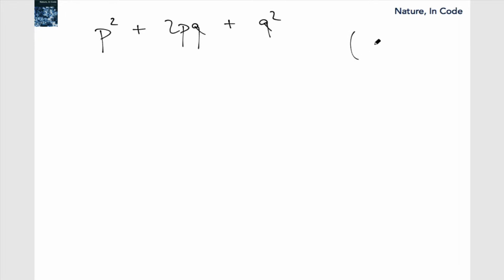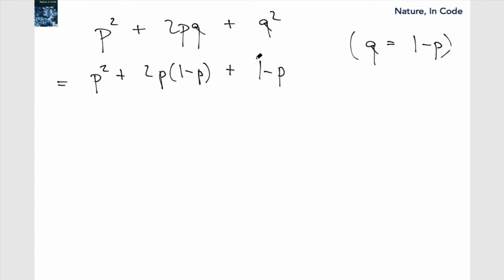Now keep in mind that we could rewrite q as 1 minus p. And then if we do that, we can express this whole thing in all just p's. So this would be p squared plus 2 times p times 1 minus p, so I replace that q here with 1 minus p, plus 1 minus p squared.